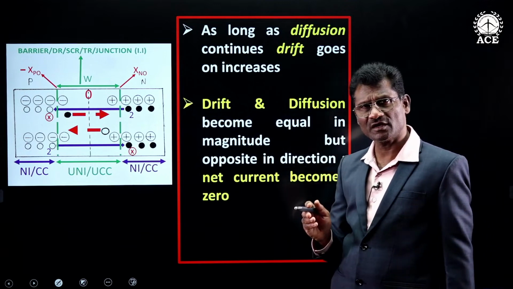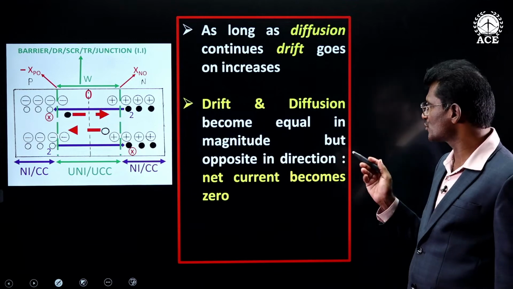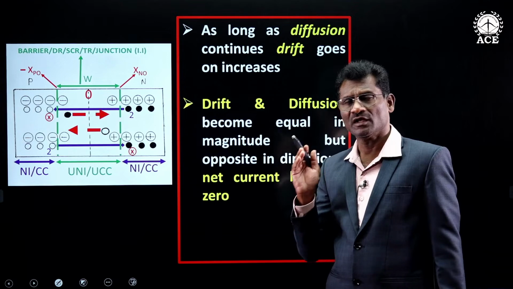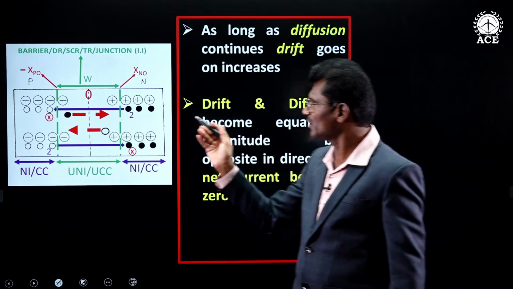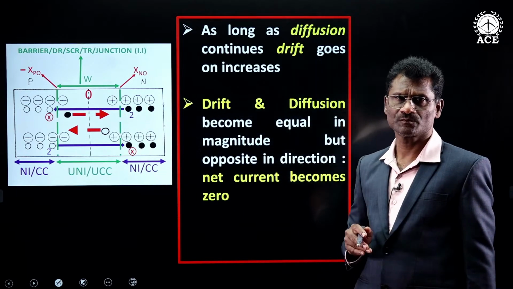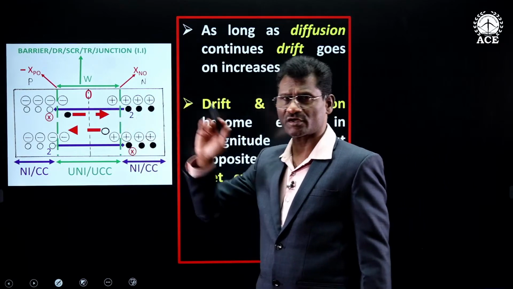But this drift current and diffusion current are opposite in direction. So assume that initially drift is 0. That is, initially diffusion has not yet started, then diffusion is 0.